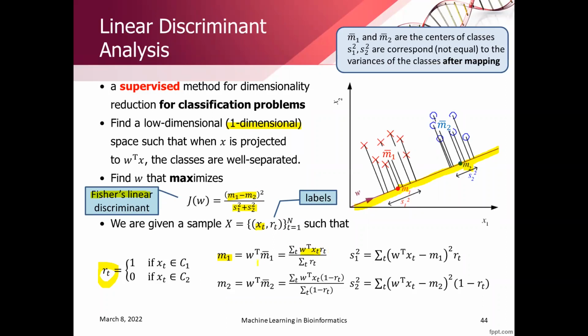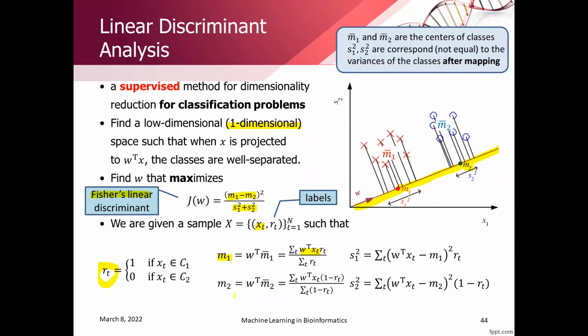So if we do that for class 1, r sub t is 1 if the observation belongs to the class. For r sub t equal 1, this value will be summed.